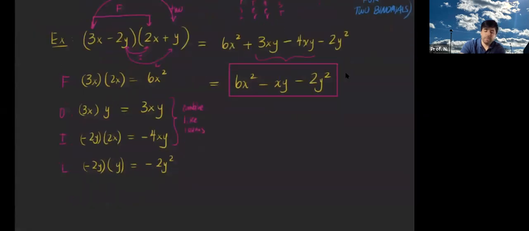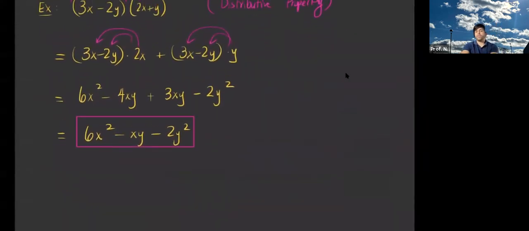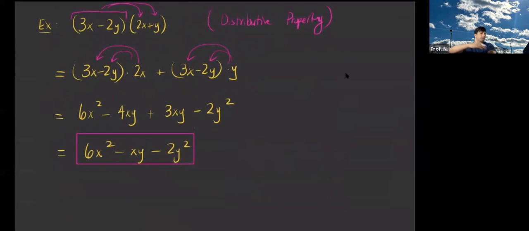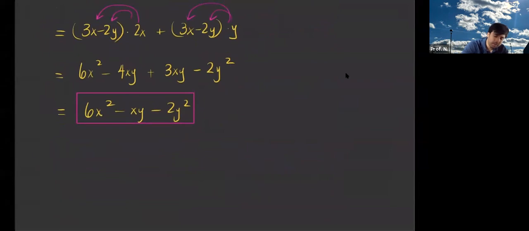Now the question is, what happens when we have trinomials, or a bigger number of terms? How are we going to multiply them? We're going to multiply them using the distributive method, not the FOIL method. The FOIL method just sounds nice, and it only works for binomials. So that's why it's important to know the distributive property. And there's one more that people tend to like with the foiling. I think it's called the box method.